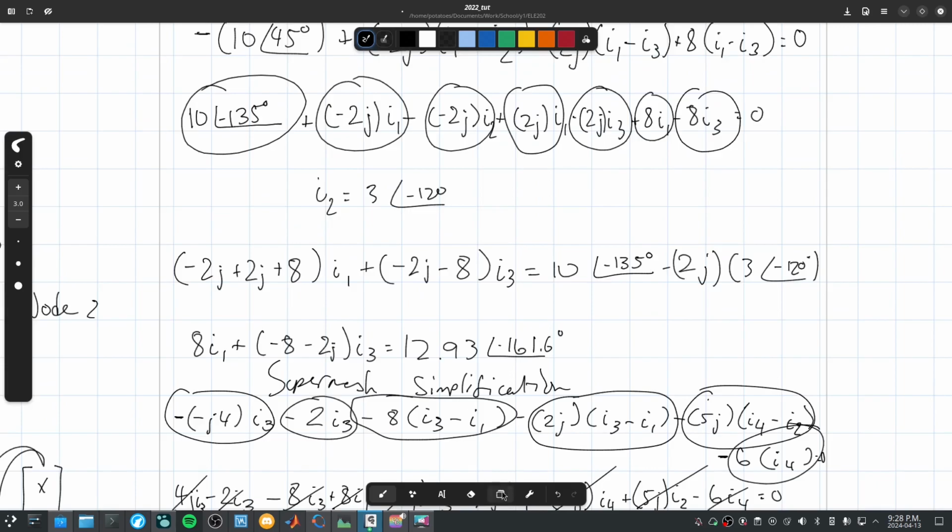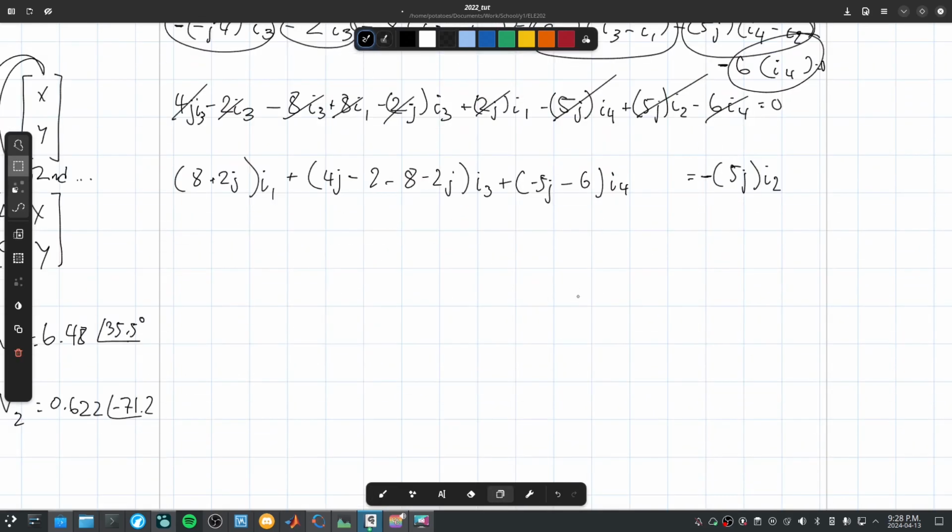Now we just pull in I2. And we get, so that's 8 plus 2j, I1, plus, that's negative 2 minus 8. That's negative 10.